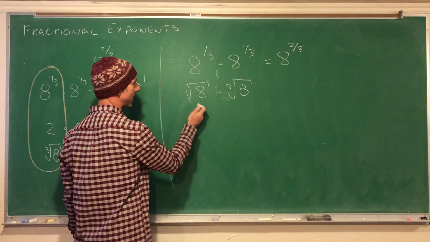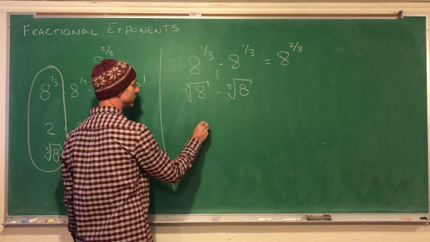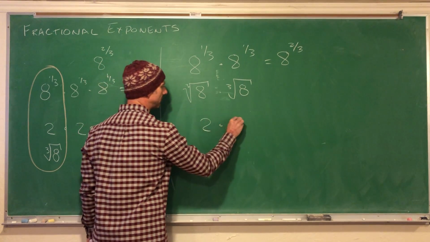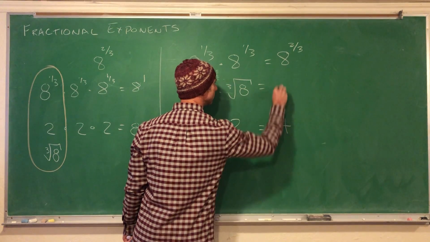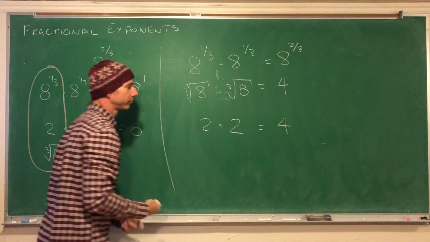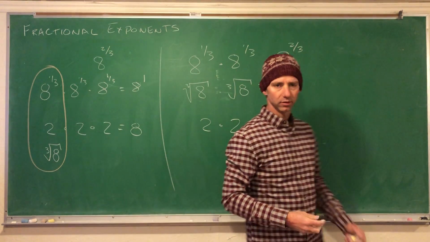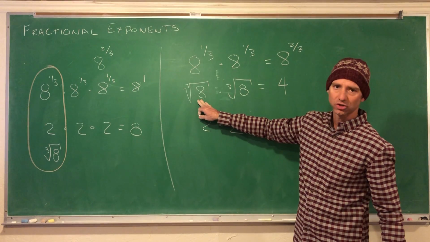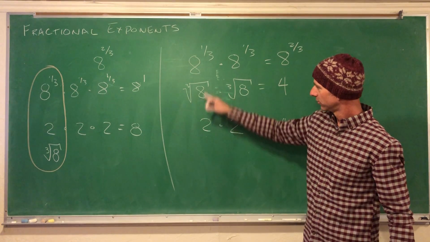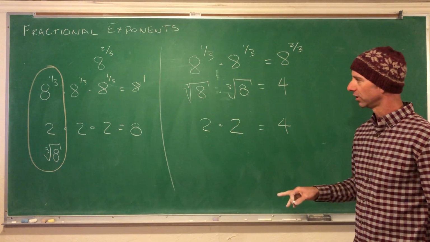And we also just decided that the cube root of 8 is 2. So 8 to the 1/3 is just the cube root of 8, which is 2. We did that twice, and we get 4.